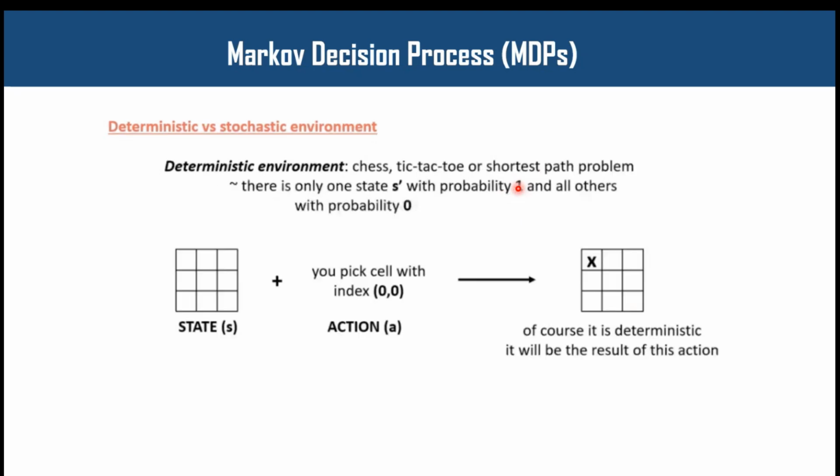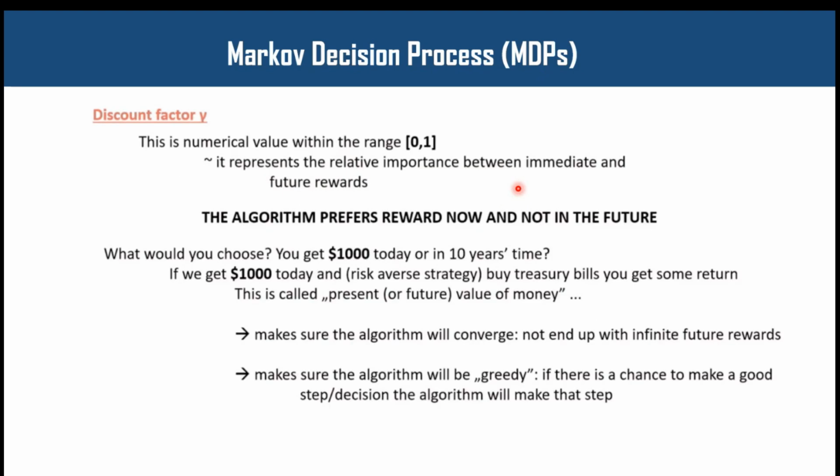In the deterministic environment, we don't have that problem. When you want to reach a particular cell and you take the necessary action, definitely you will reach that state. We have to keep that in mind, because in our games, whatever the games, chess or the shortest path, we have a deterministic cell.